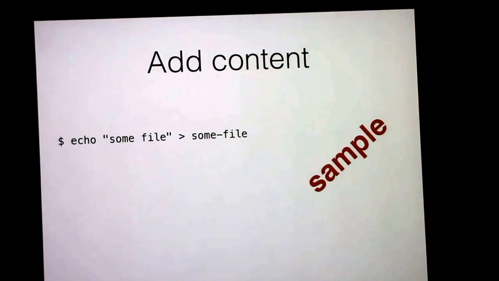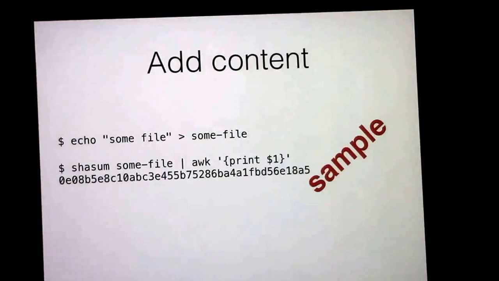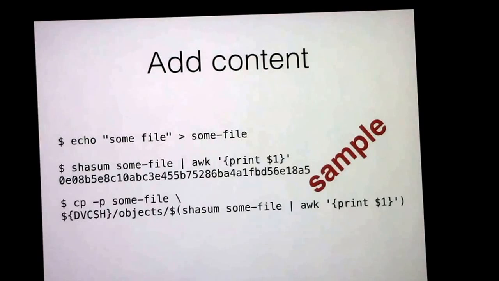So what if we took the SHA of our file and used that for the file name inside the repository? Something like this. And this. So we come up with the SHA-SUM, and we take that long string there, and then we use that long string as the name of the object in the repository.